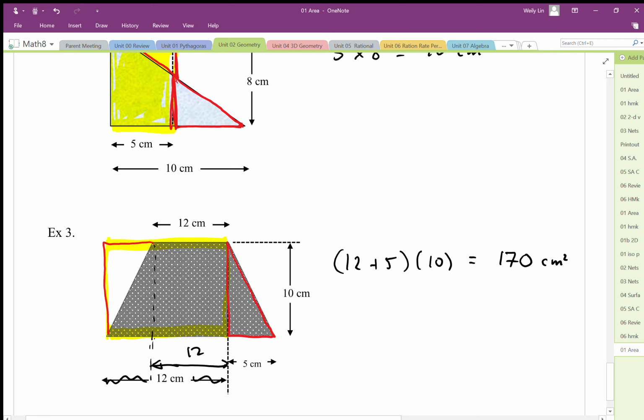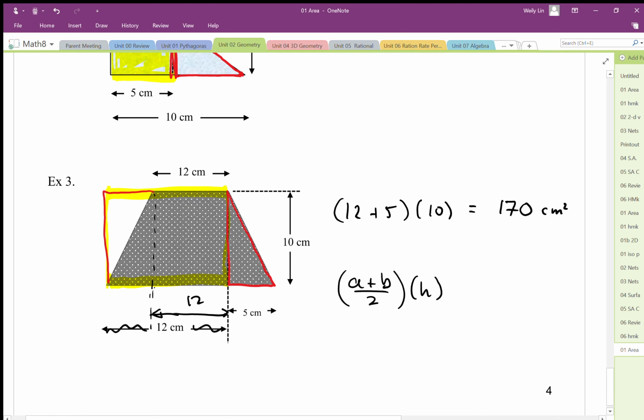Now, the other formula that we can use for a trapezoid looks like this: A plus B divided by 2, times the height. And we can get the same thing here by looking at this diagram. If this length is 12 in between here and here, and this is 5, this must also be 5.